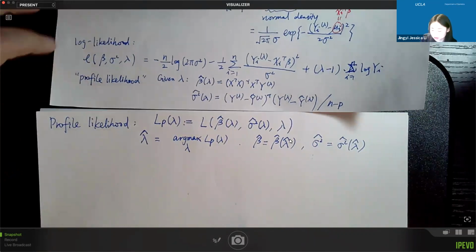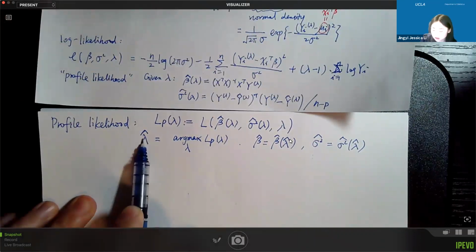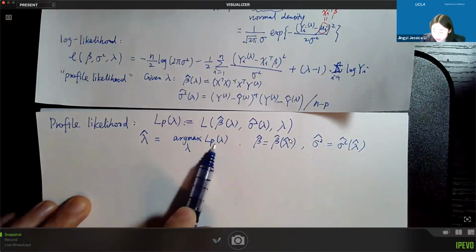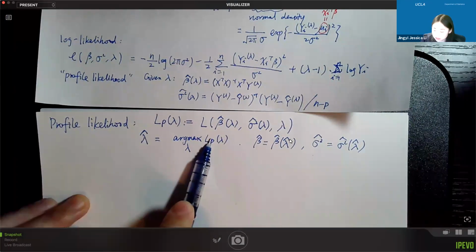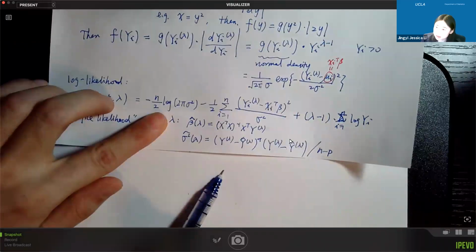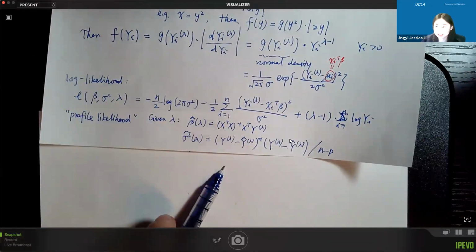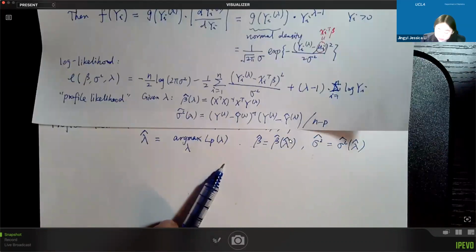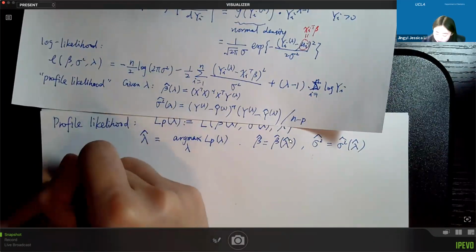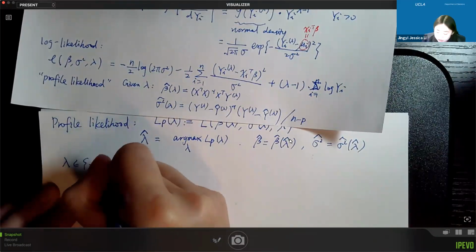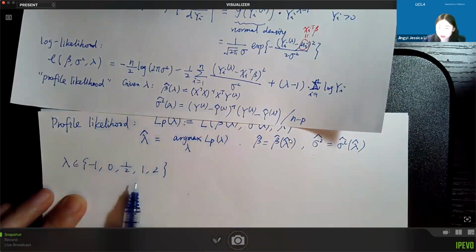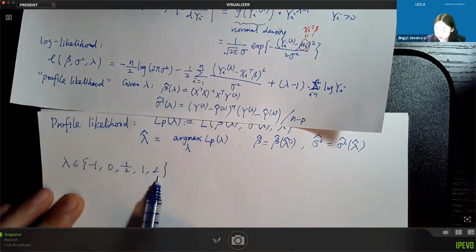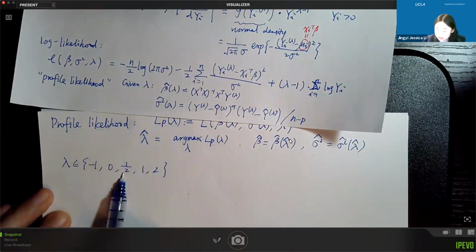In practice, we don't actually try to consider all possible lambdas to maximize the profile likelihood. It's not usually necessary, because we also want this lambda to be some simple number so people can easily interpret whether it's a quadratic transformation or a square root transformation. So usually we consider lambda to be these 5 values: -1, 0, 1/2, 1, and 2. 1 means we don't do a transformation, 2 is the square, 1/2 is the square root, and -1 is the inverse.